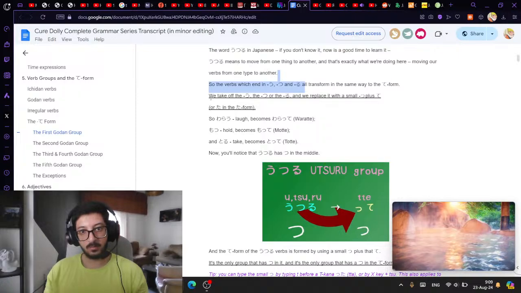We take off the u, the tsu, and the ru, and we replace it with a small tsu plus te, which, as we said before, prolongs the next character. So it's tte or tta. Ta for past simple.